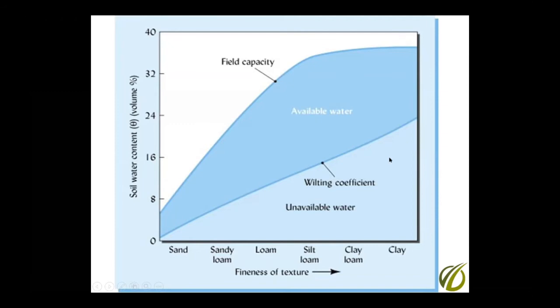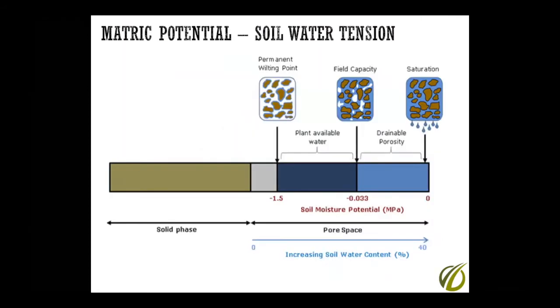Just because we have more water in a clay soil does not mean that it's available. That goes back again to those finer soil particles and smaller aggregates requiring a higher tension or vacuum to get that water out. And so this gets into the concept of matric potential and soil water tension. I'm going to relay this into a discussion of the Watermark style sensors.